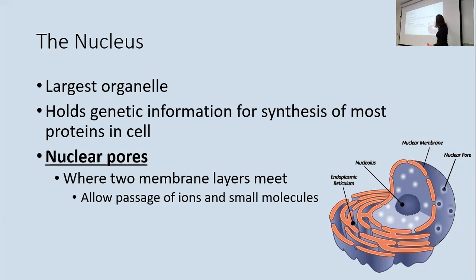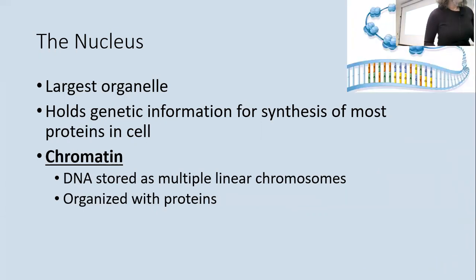So we've got these pores in the membrane where things can get in and out of the nucleus through that double membrane. All right, so nucleolus, nucleus, double membrane with pores. Cool.